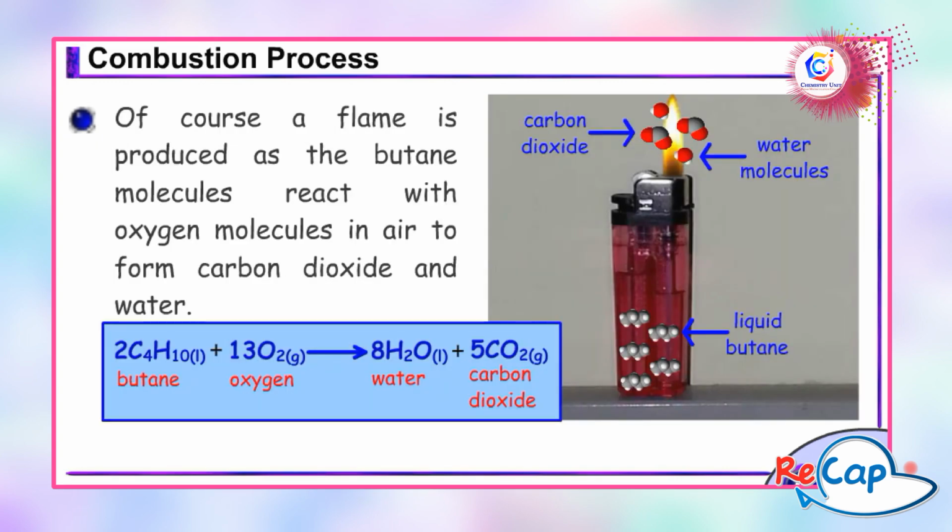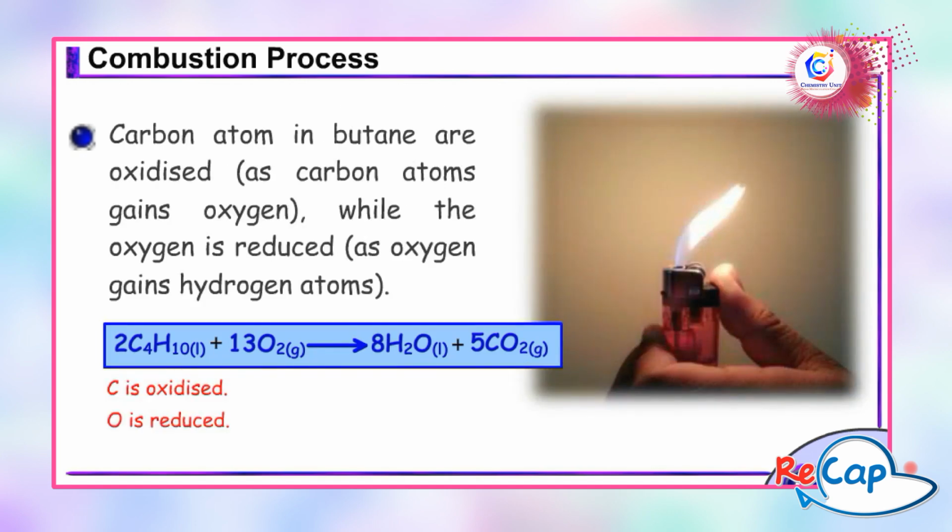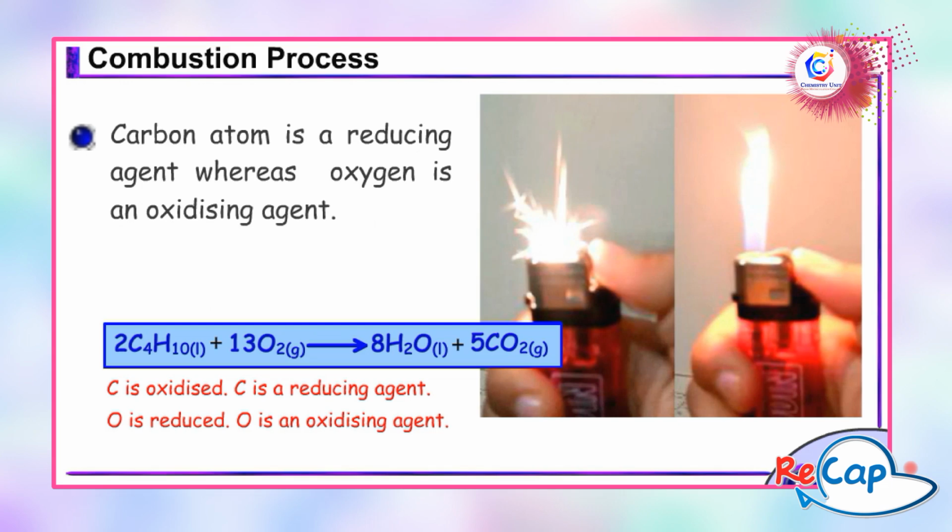Of course, a flame is produced as the butane molecules react with oxygen molecules in air to form carbon dioxide and water. Carbon atoms in butane are oxidized as carbon atoms gain oxygen, while the oxygen is reduced as oxygen gains hydrogen atoms. Therefore, carbon atoms is a reducing agent, whereas oxygen is an oxidizing agent.